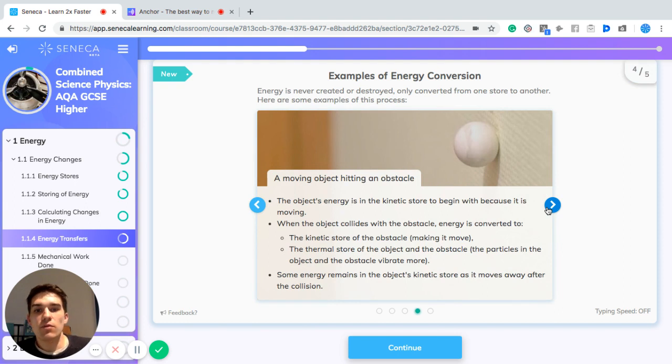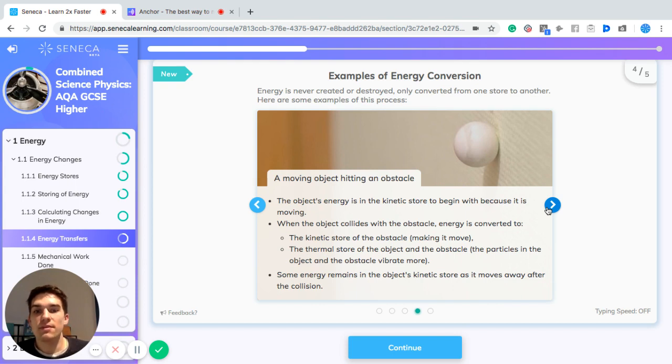If a moving object hits an obstacle, the object's energy is in the kinetic store to start with because it's moving, and when the object collides with the obstacle, energy is converted to different stores. For example, the kinetic energy might be transferred to become kinetic energy of the obstacle, which will make that obstacle move.